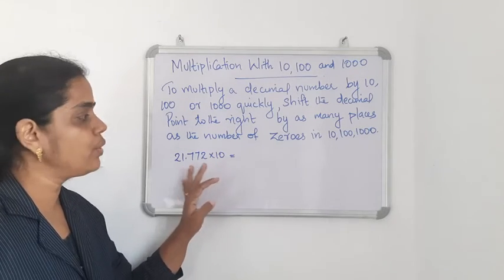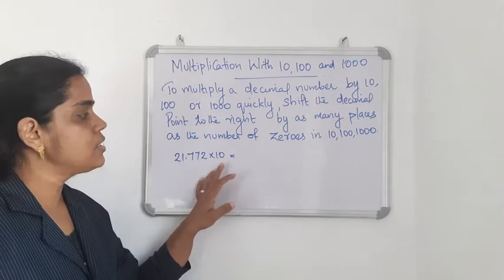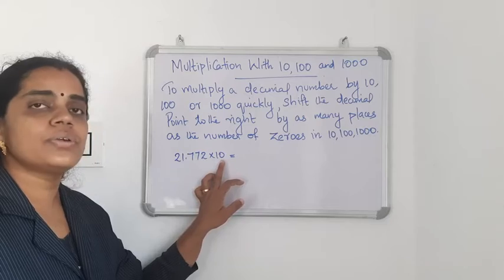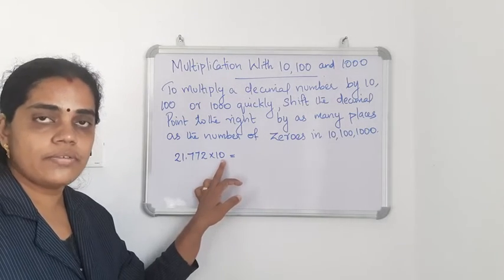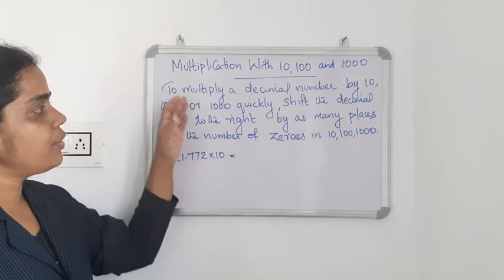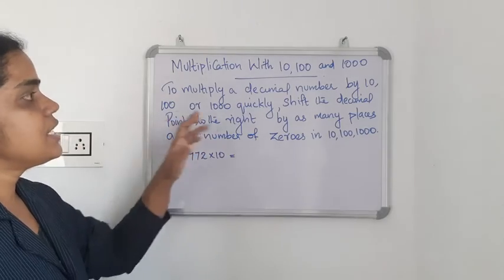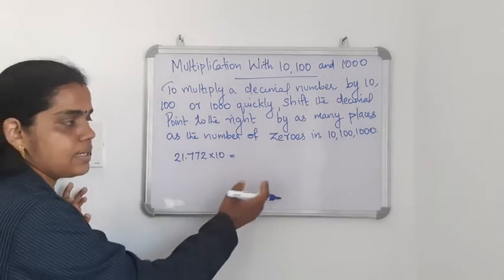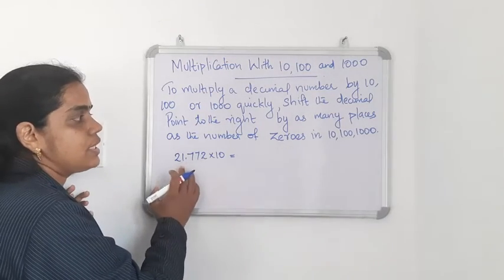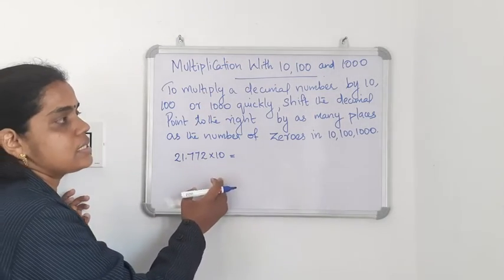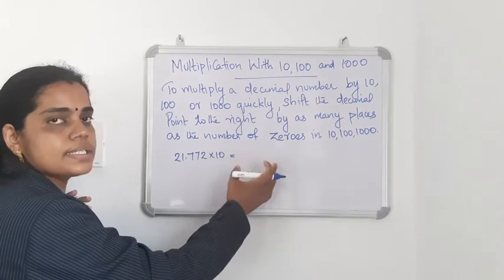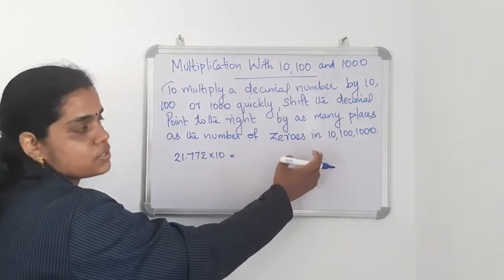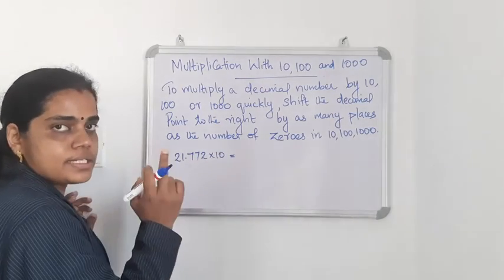We can explain. So one question is 21.772 into 10. Okay. In 10, how many zeros are there? Only 1 zero. So according to this statement, shift the decimal point to the right. Right means this side. So shift the decimal point to the right by as many places as the number of zeros. So in 10 only 1 zero is there.